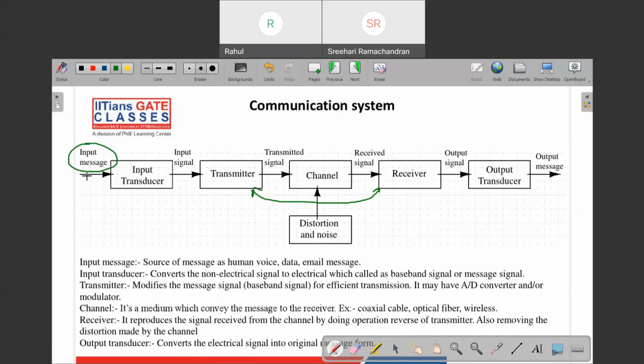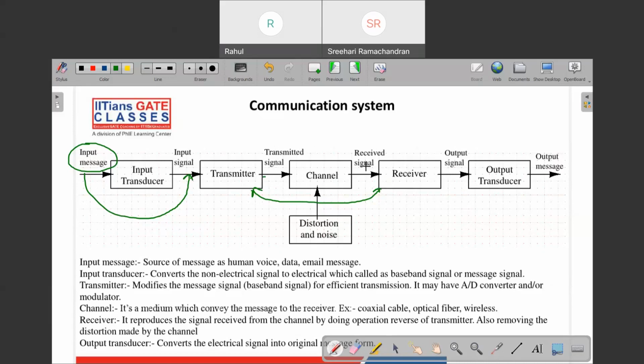So in between the message and the input electrical signal, there is a circuit called a transducer, which converts the non-electrical signal into the electrical signal. And once we have the electrical signal, there will be a transmitter, which has some kind of block that takes this input signal and transmits it through the antenna or maybe some wire. If it is an antenna, it will transmit wirelessly, and if it is wired, it will go through maybe some twisted pair or coaxial cable.